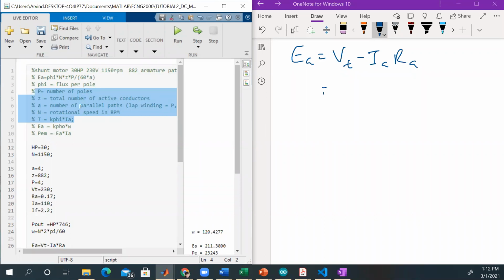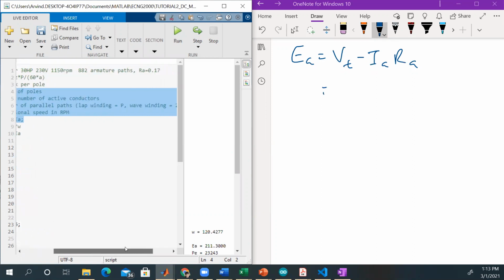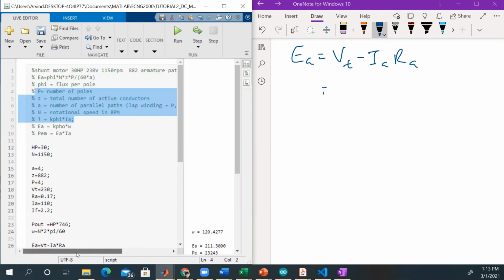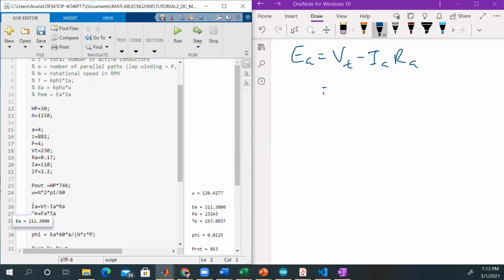Number of parallel paths, which is A, which is 4 here for the type of winding. They just tell us the number of parallel paths, right? So for lap winding it is P, and wave winding it is 2. So here it is a lap winding and the rotational speed, and that is everything that we need here. So the only thing that we don't have is phi. So we calculated EA just now here, right?